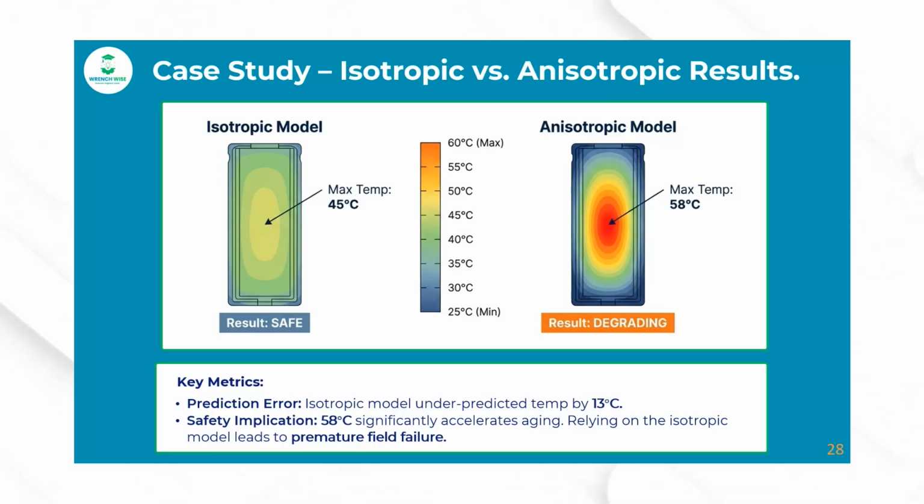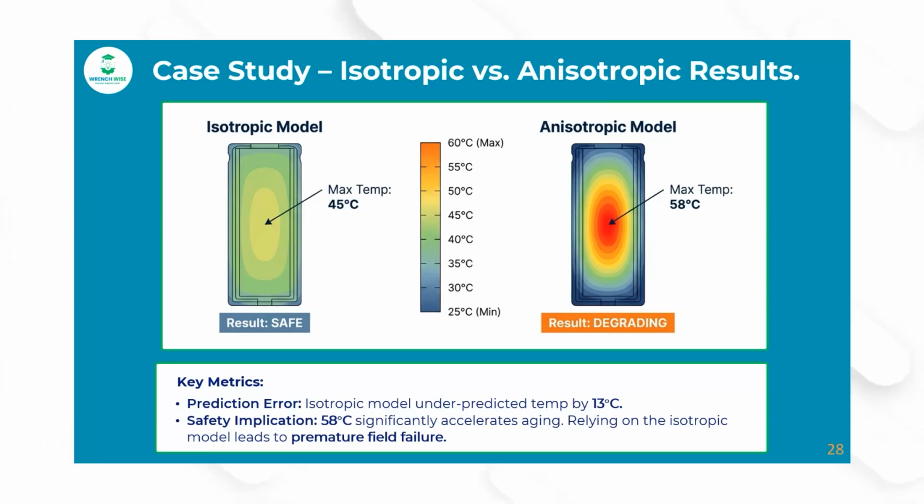So key takeaway here, essentially, again, relying on isotropic models is great when you begin designing your product and want quick results to explore your design space. You can couple that with an optimizer and understand what parameters work for you.